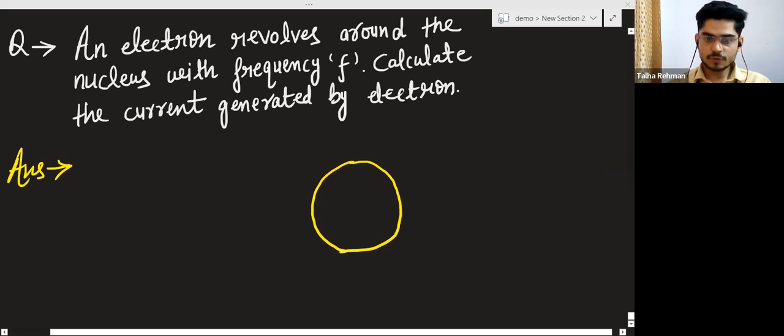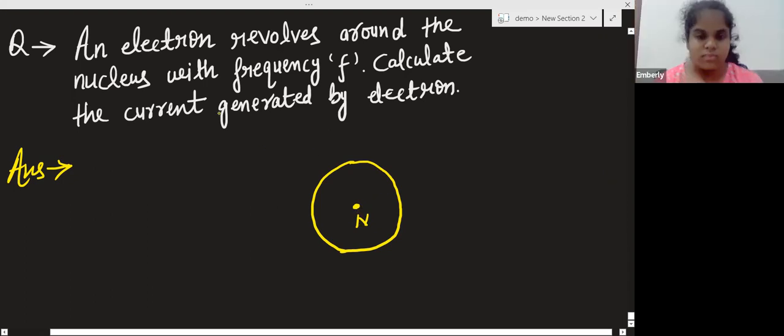You should know what is happening inside the atom. At the center there is nucleus, and electron revolves around the nucleus in the orbits.